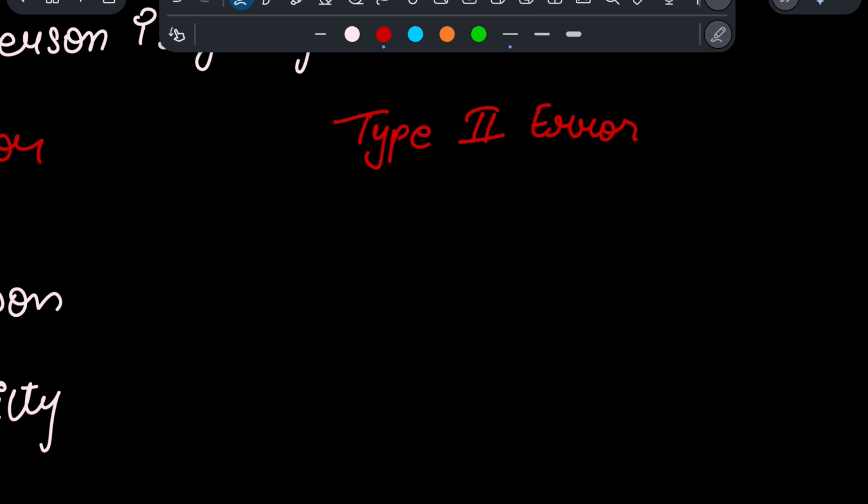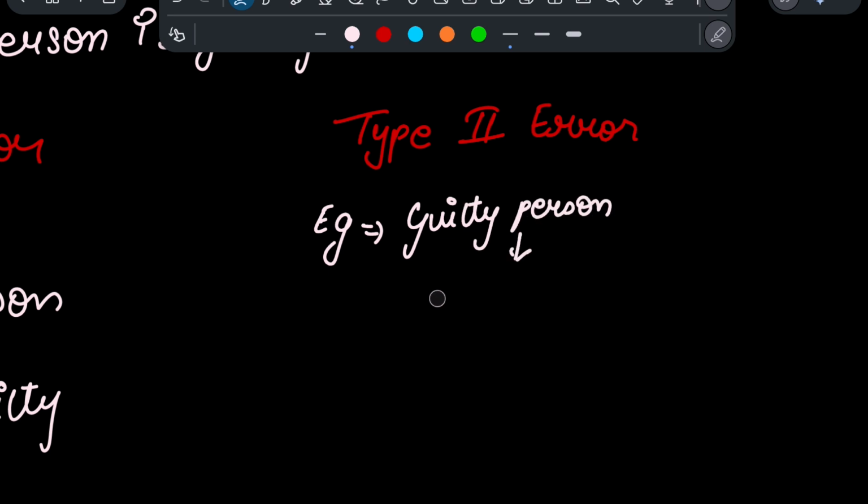In other words, something is happening but you missed it. Let me take a courtroom example here also. A guilty person is marked or declared as innocent.